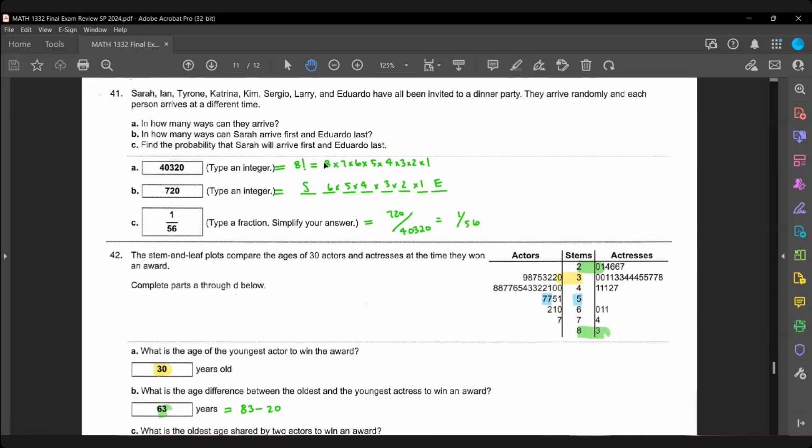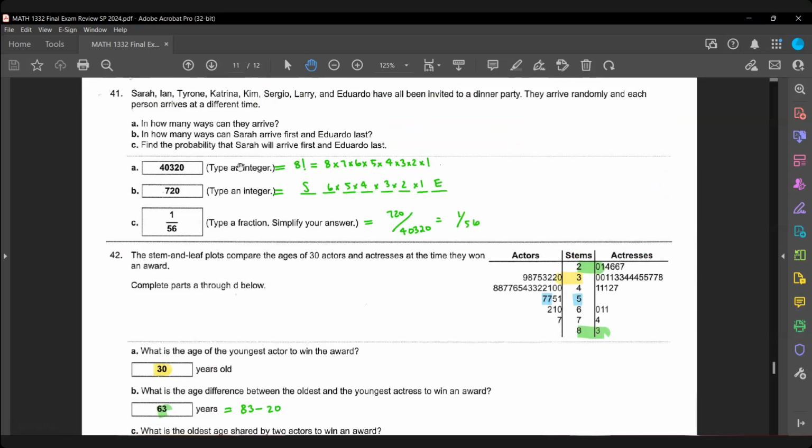There's 8 possibilities for the first person to arrive. After the first person has arrived, that means only 7 can arrive second, 6 could arrive third, 5 could arrive fourth, 4 could arrive fifth, 3 could arrive sixth, 2 could arrive seventh, and then that leaves only 1 person that could arrive last.